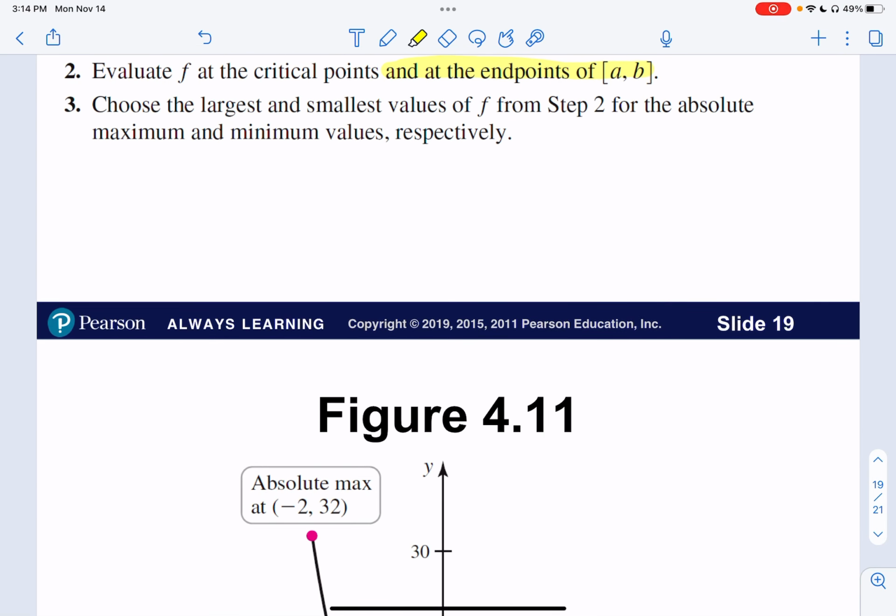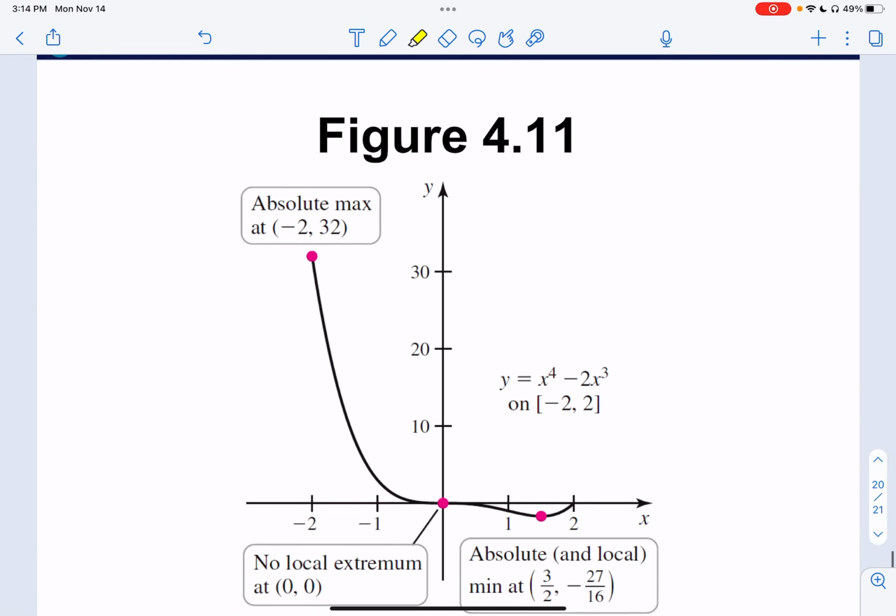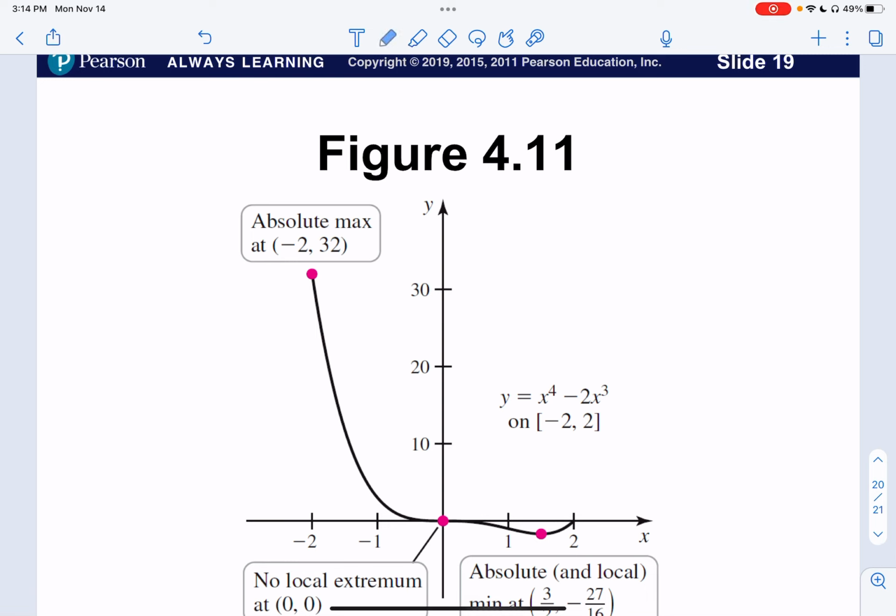So if we take a look at our next picture here, we're going to use f of x equal to x to the 4th minus 2x cubed on [-2, 2].